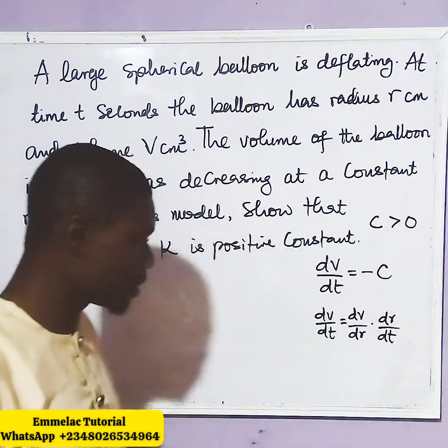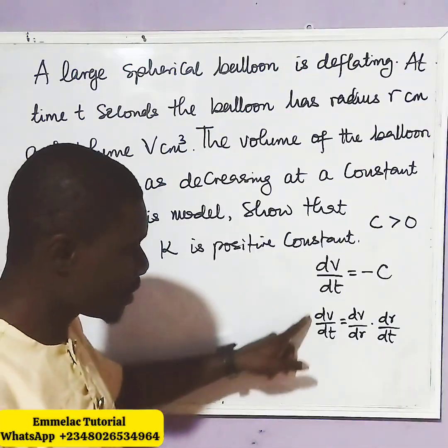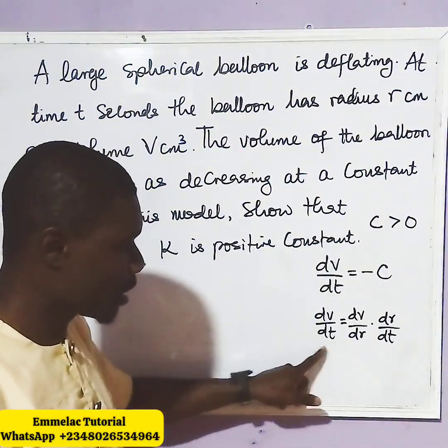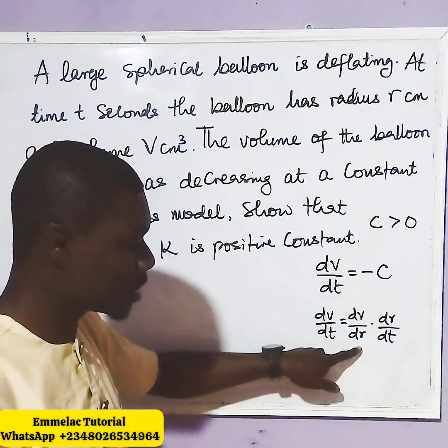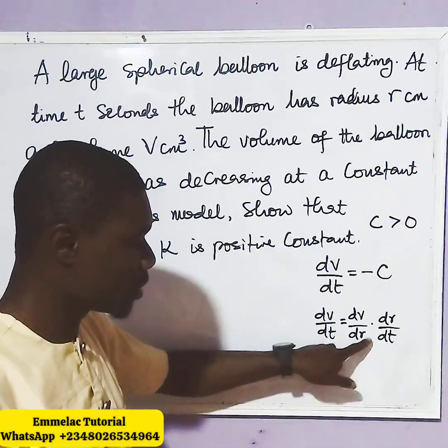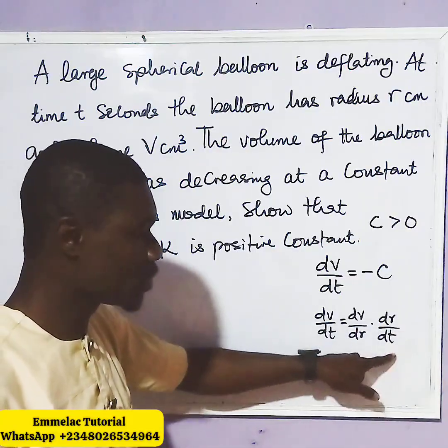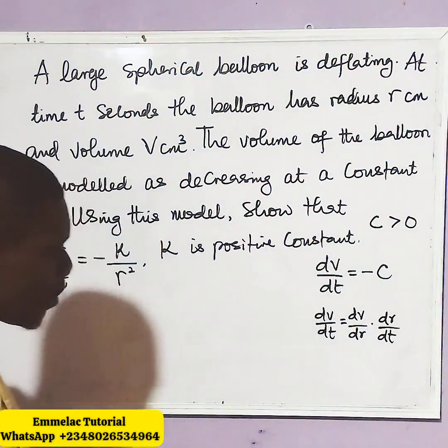So the rate at which the volume decreases with time is equal to the product of the rate at which the volume changes with the radius and the radius with time. Alright, so what then do we do here?